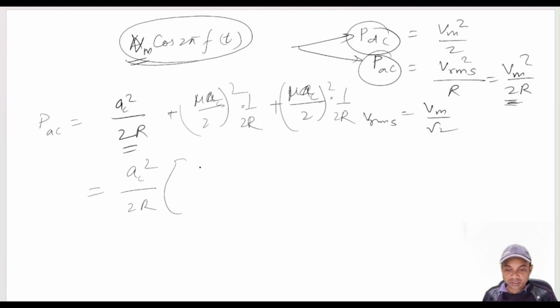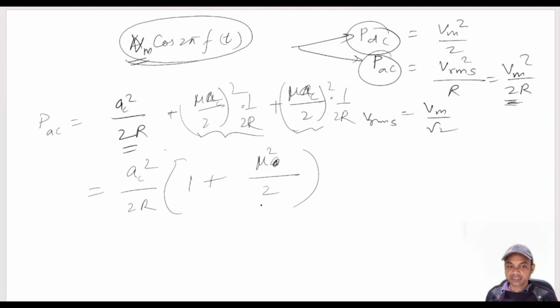Then first we add this one, so it is 1 plus mu square by 2.